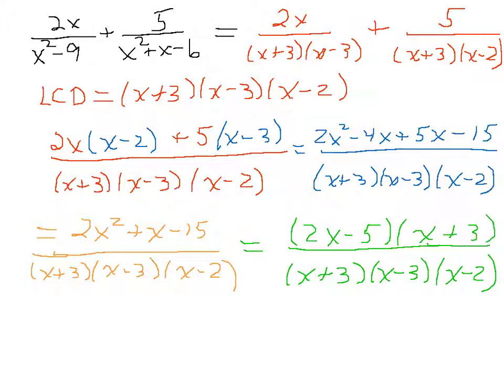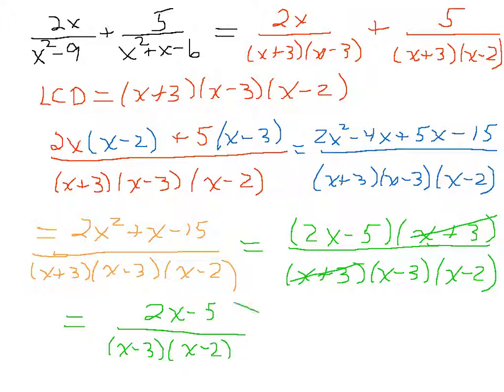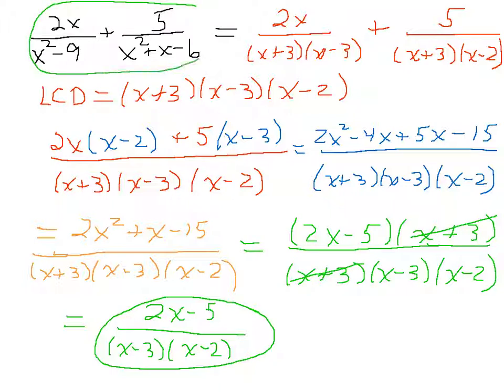And so now we can cancel out any common terms, which is an x plus 3 and an x plus 3. And so our final answer looks like 2x minus 5 over x minus 3 times x minus 2. And there we go. And so that is a fairly difficult problem of adding these two rational expressions.